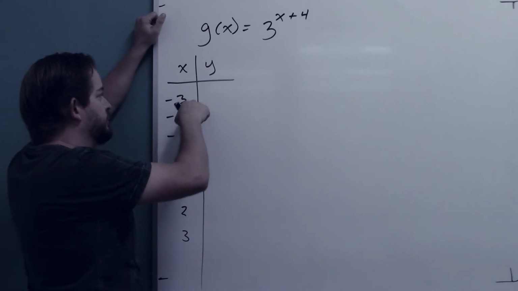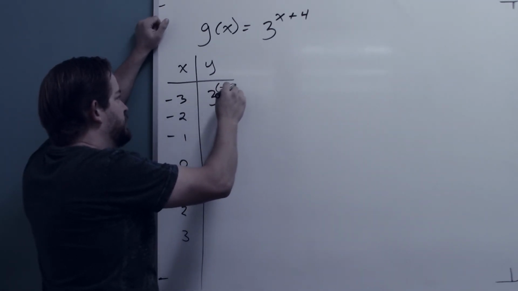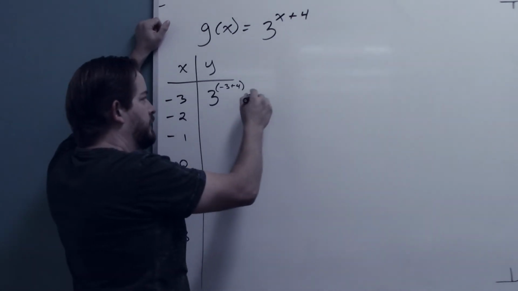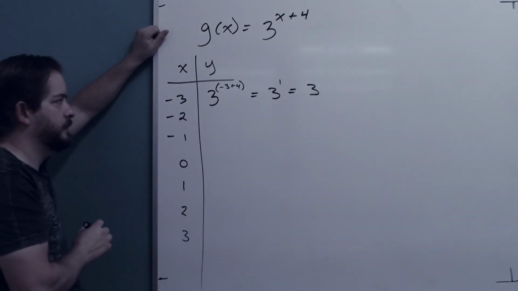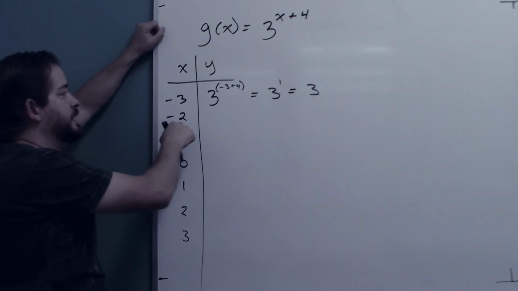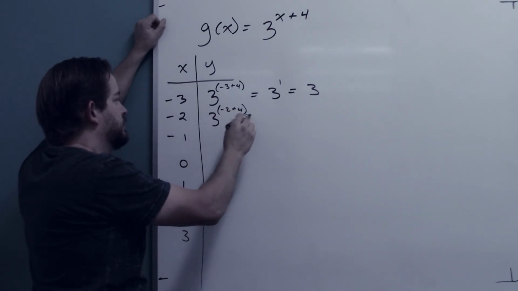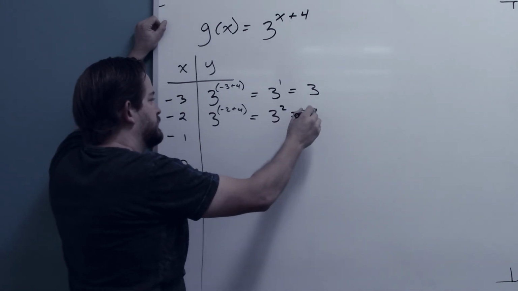So let's just plug these in. If x is negative 3, y is 3 raised to the negative 3 plus 4 power, right? Well, that's 3 to the 1, and so that's 3. If x is negative 2, then I have 3 to the negative 2 plus 4, but that's 3 to the 2, and that is 9.